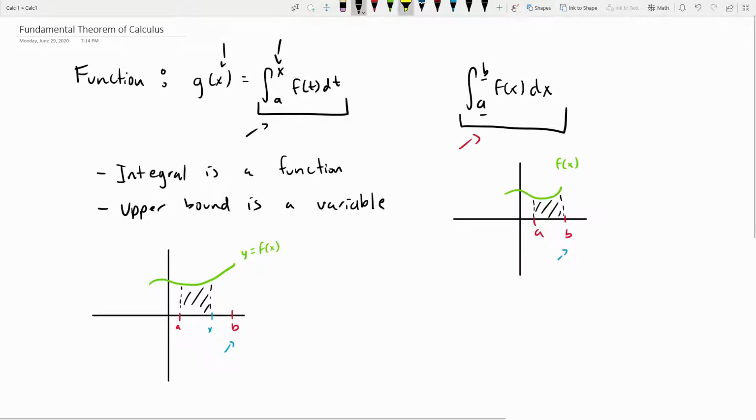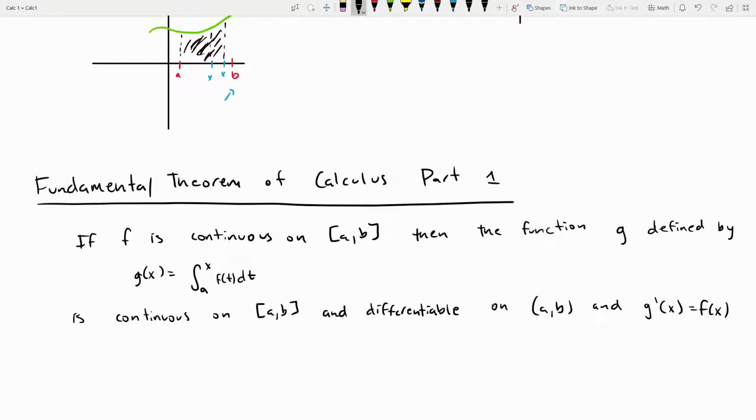Now if x increases all of a sudden, and we need to calculate the function at this new x value, the integral is going to return all of this area. So that's basically what this is. You tell the integral from where and to where, and it will compute the area under the function up to that point.